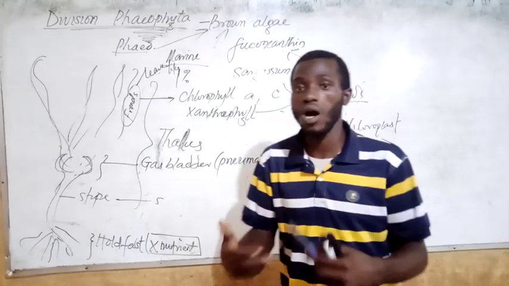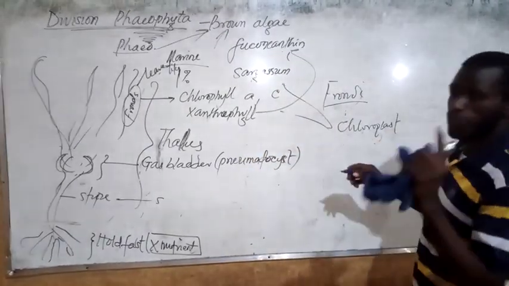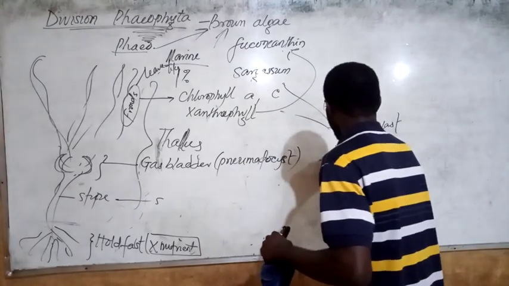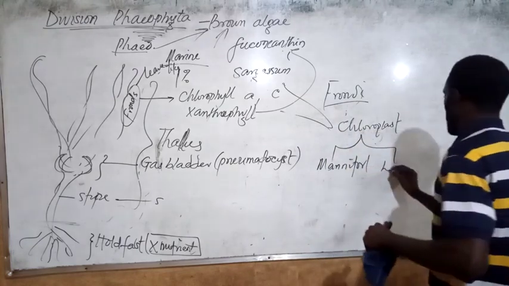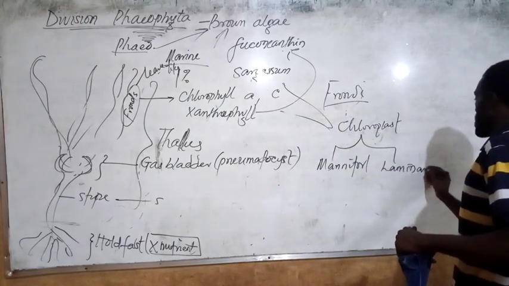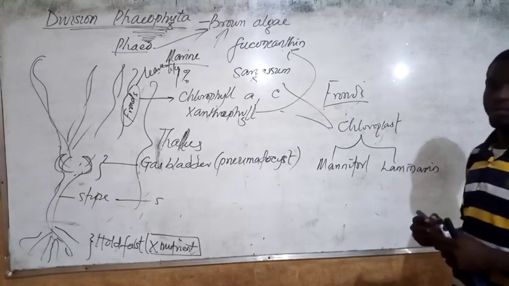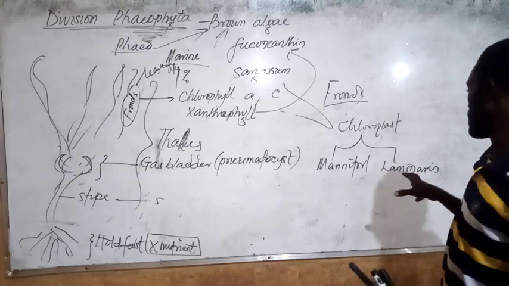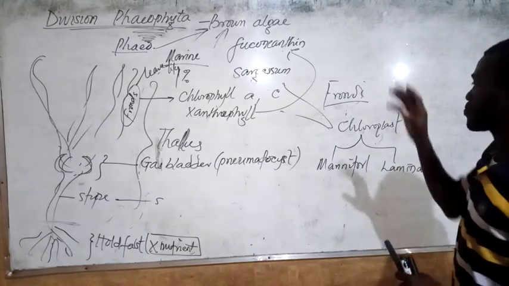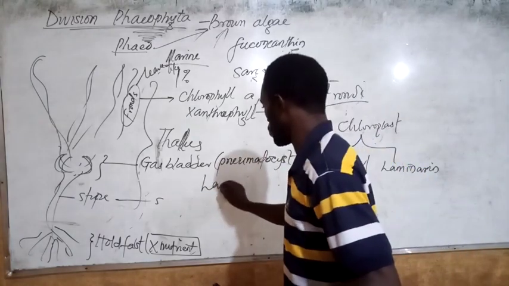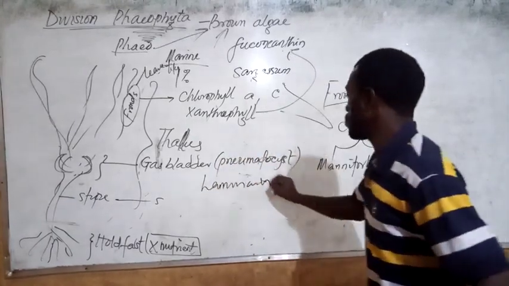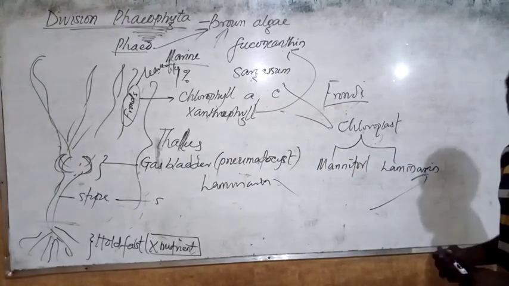To manufacture food. Now, they store this food as mannitol or laminarin, depending on the species of the brown algae. Laminaria is a species of brown algae, so Laminaria will predominantly store its food as laminarin.